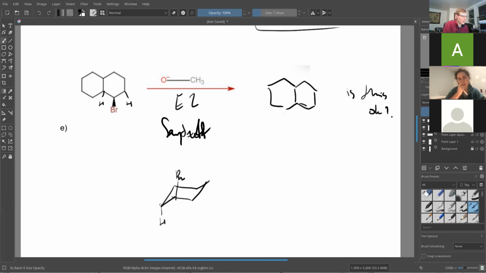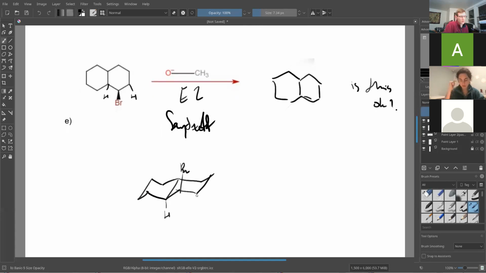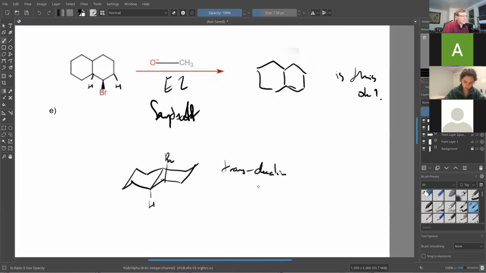So if you have the hydrogen over here, and drawing this is going to be a little bit tough. Yeah, there we go. If it looks like this, then you could do it, right? And this is trans-decalin, right? And this is the one that can't do a ring flip.